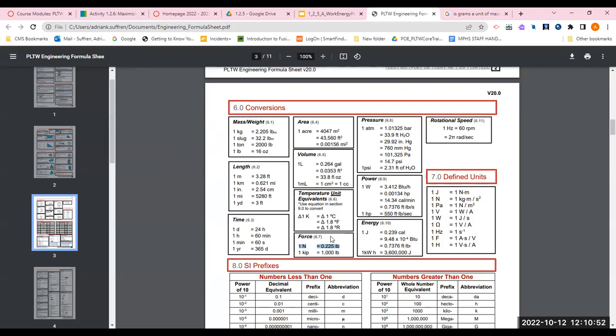So force equals mass times acceleration. But right here, since pounds is a component of force, 1 Newton equals 0.225 pounds. And then let's look at our length. We have 1 meter equals 3.28 feet, and that's just our conversions you could reference when you are taking one of our quick checks as well as our exam.